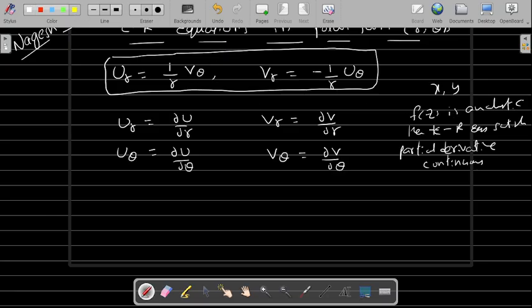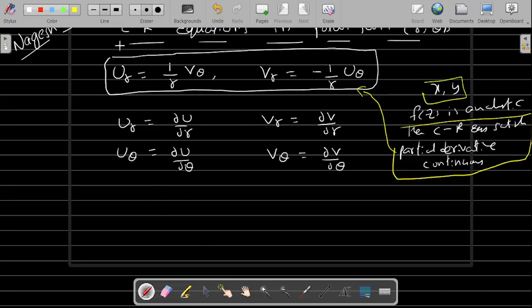This we already discussed. So if f of z in Cartesian form is an analytic function, it satisfies the CR equations and the partial derivatives are continuous. Now the same thing is applicable in polar form also.